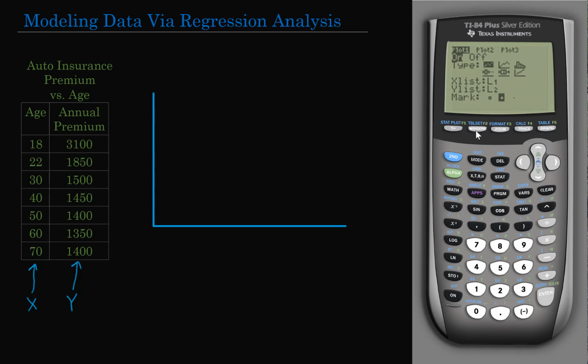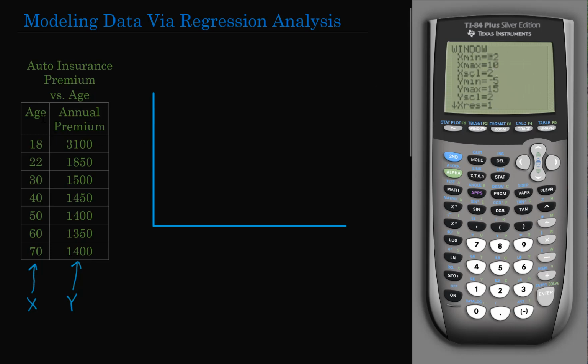The next thing I need to do is start preparing the calculator to display the data. I want to go to Window, which is on the top row of buttons. It's the second one. It says Window, so you just press Window. At present, my X value looks from -2 to +10.